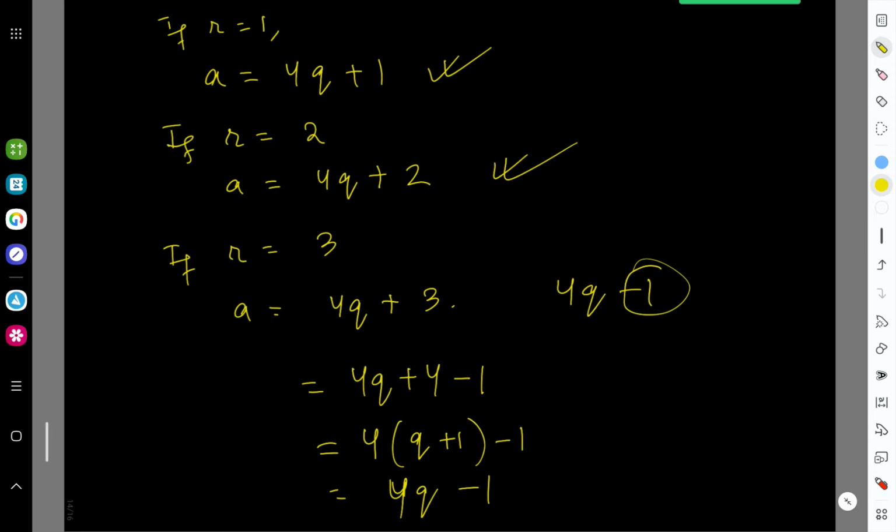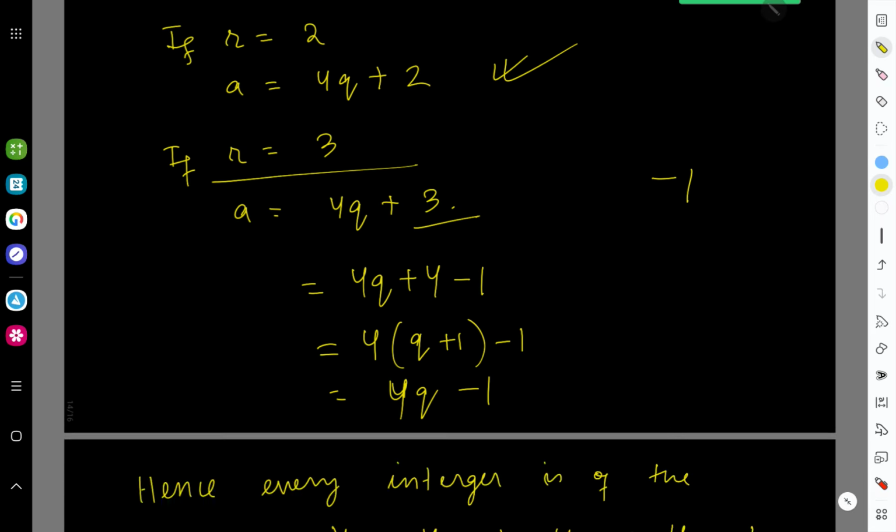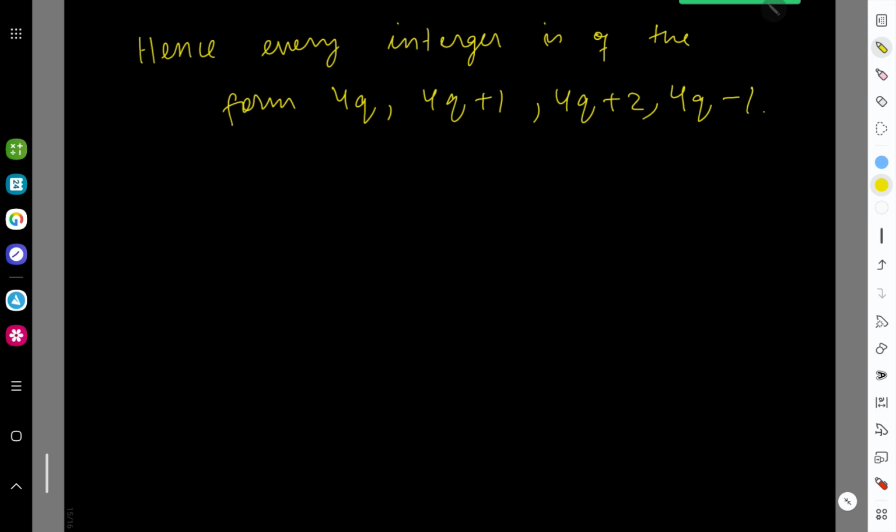We have expressed 3 as 4 minus 1 because we want the form minus 1. And that's how we have solved question number 4.